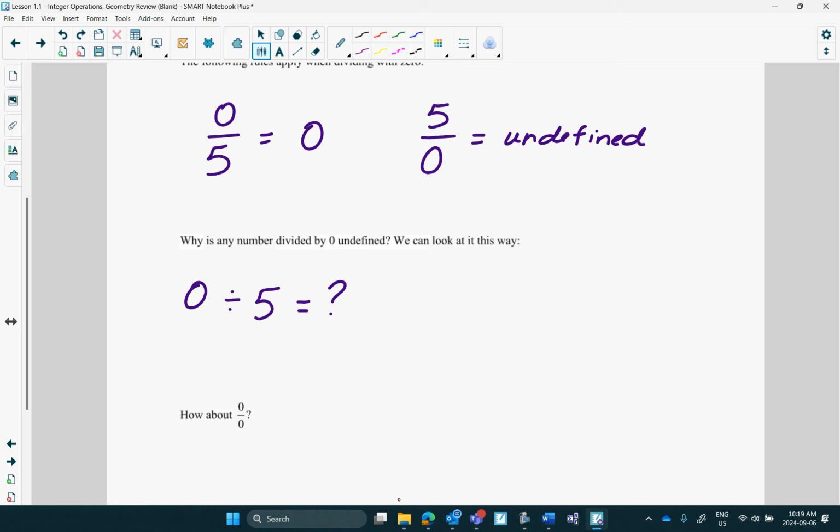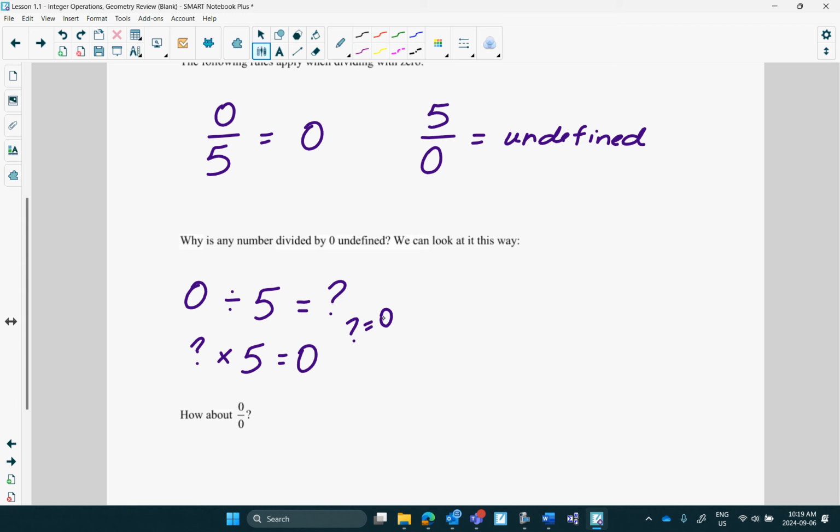Working backwards, isn't the reverse of division multiplication? So whatever my answer is, if I times by 5, I should get 0. So that means my unknown is 0. That's why we can do 0 divided by any number and get 0.